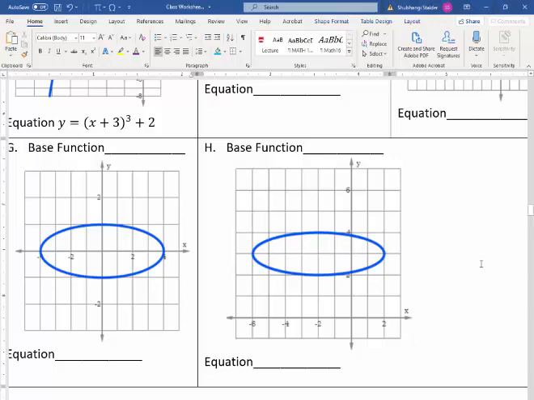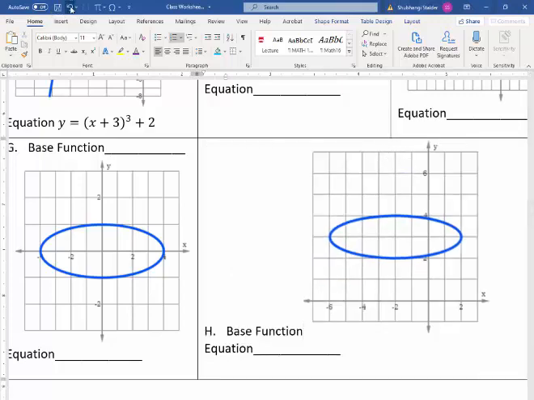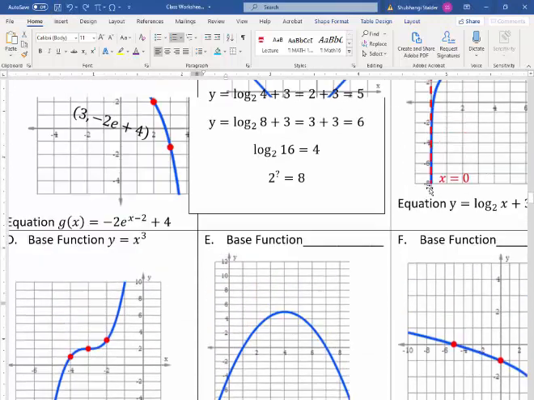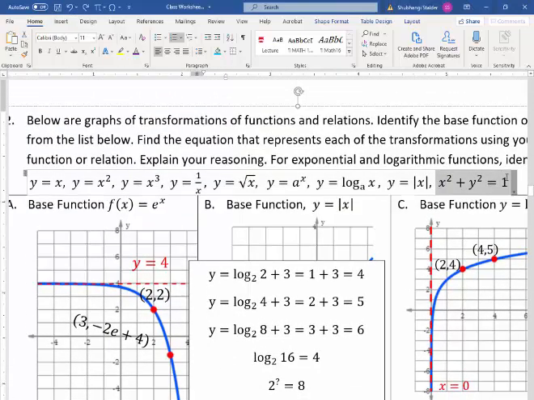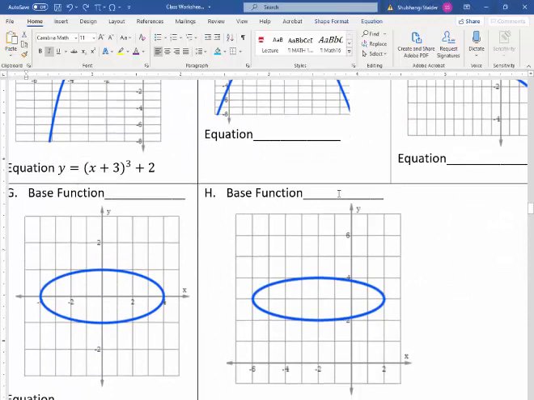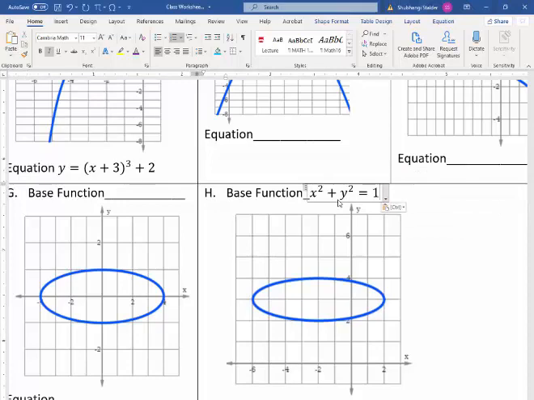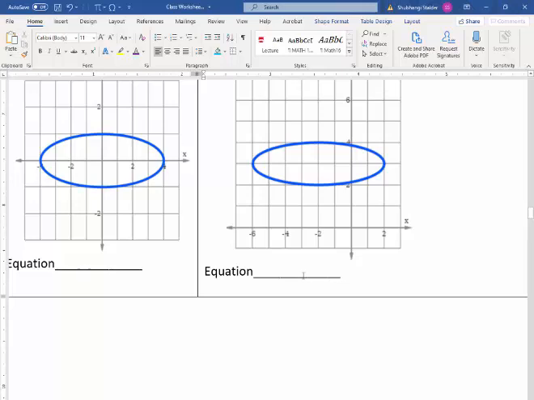Okay. Are you okay with it? Okay, I'll go. So you said the base, what did you put in place of the base function? You said x squared plus y squared equals 1. Okay, and now how are you going to change it for your new function here? So x squared over 4.